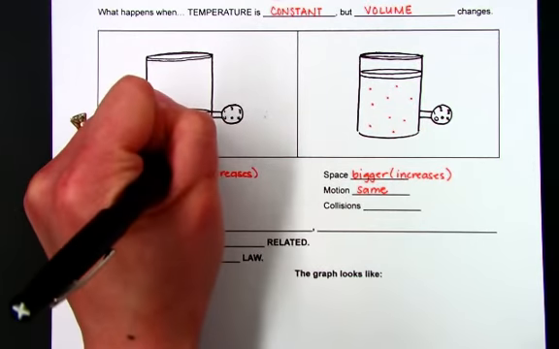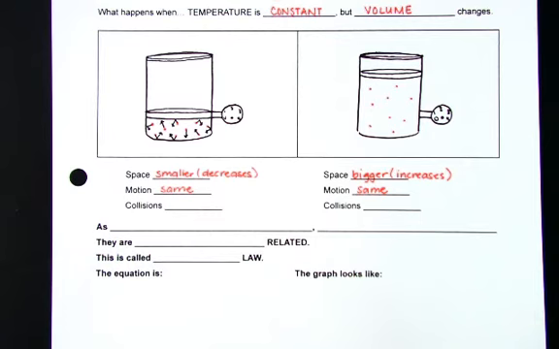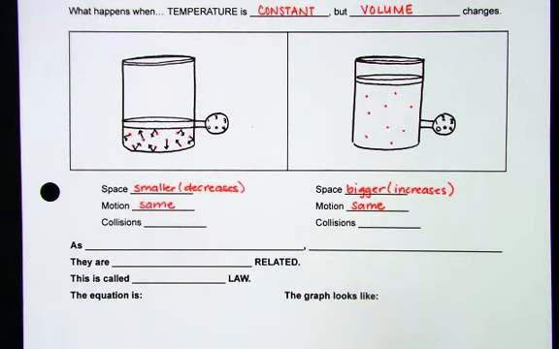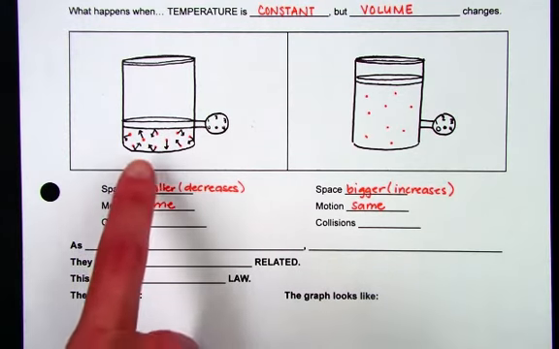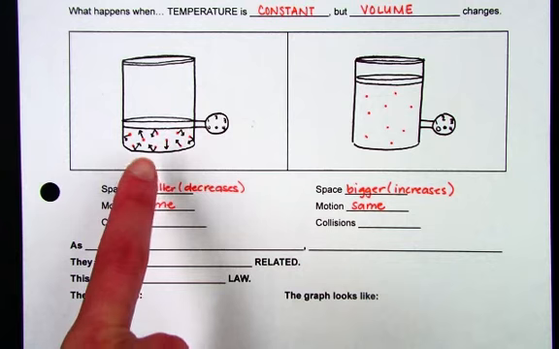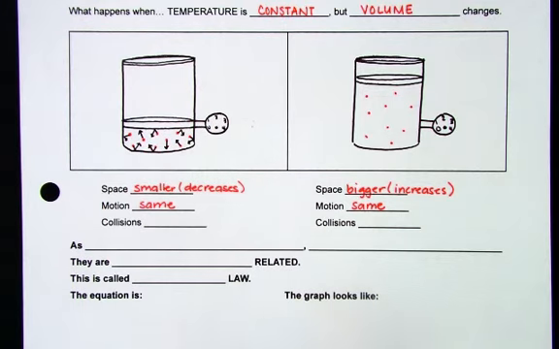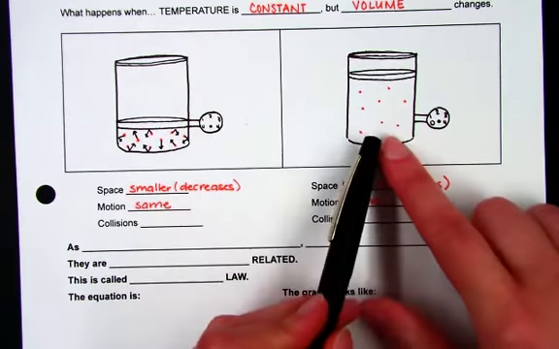Okay, we'll finish. So remember over here, we had arrows drawn in and we had collisions drawn in for our smaller volume, right? If temperature is constant, what are the arrows going to look like in our bigger volume?